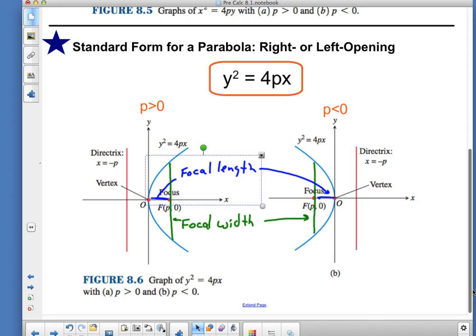Okay, and my vertex is halfway between the two. Now there is a table that will help us keep this stuff straight, but after your first 3 or 4 times that you've graphed them, you start memorizing where everything is. And it makes sense. We name these things based on their parts. So make sure you know what the name is, what the part is, and you're able to find it if I put it in a word problem.